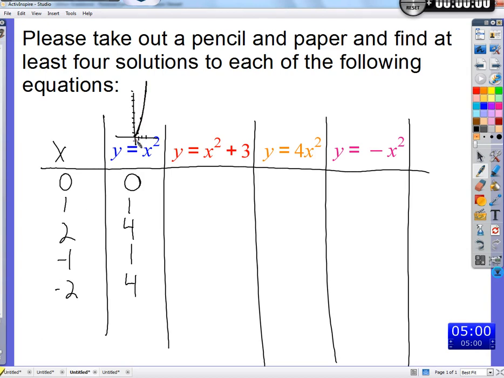This one, like we said, only gives out positive numbers. And the negative numbers get the exact same outputs as the positive ones do. Negative 2 puts out the same thing as positive 2 does. Negative 2 squared is 4, and positive 2 squared is 4. So negative 1, comma 1; negative 2, comma 4; negative 3, comma positive 9.